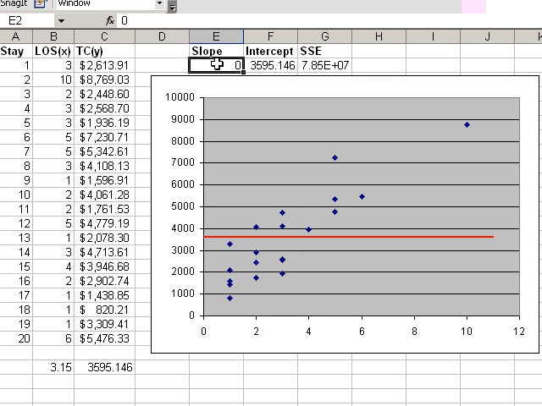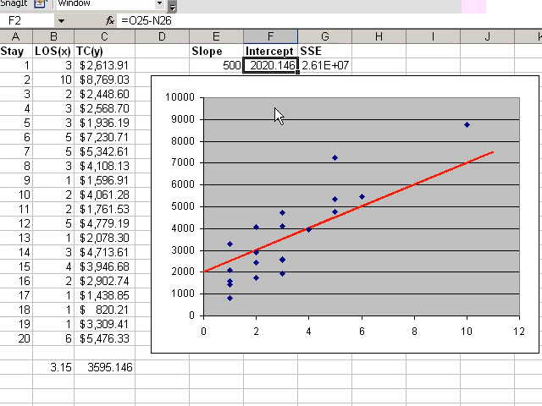The cost for 10 days of stay is almost $9,000, and the cost for 1 day of stay ranges between something less than $1,000 and something more than $3,000. So let's imagine that the cost per day may be increasing at about $500. We'll change the slope to 500.